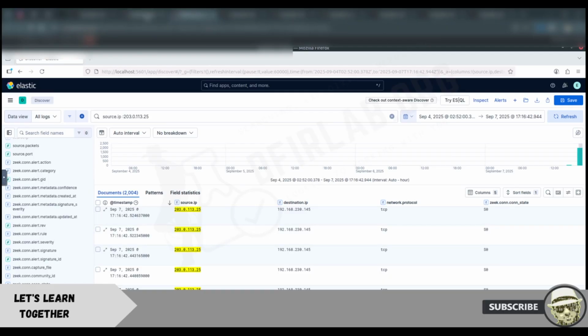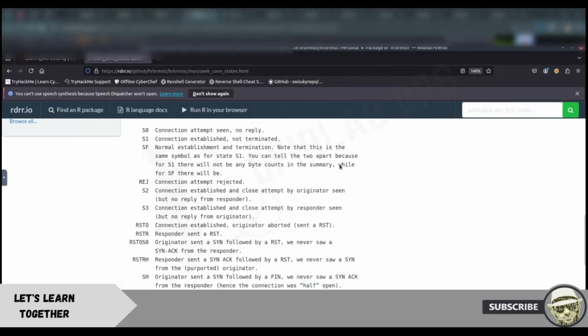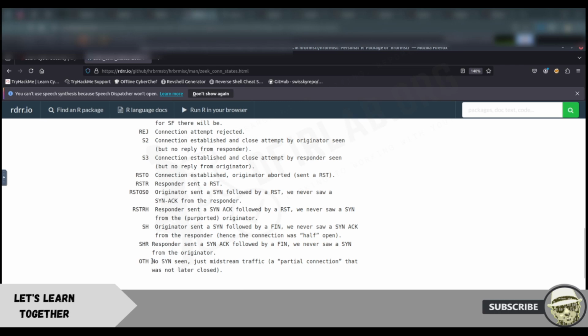Let me real quick search for the conn states, the other side that I just came up with. So connection attempt, connection still not terminated, and so on.